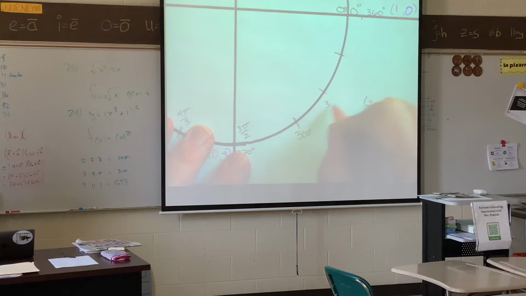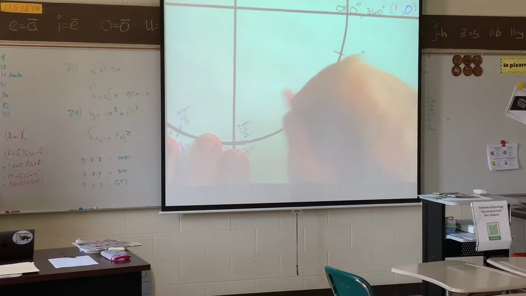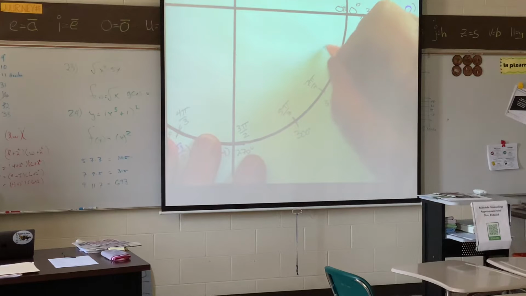Then 300 degrees, 315, 330. That should be 5 pi over 3, 7 pi over 4, and 11 pi over 6.